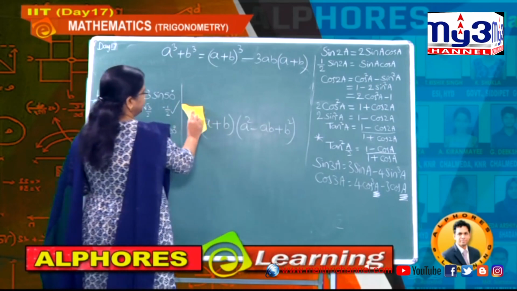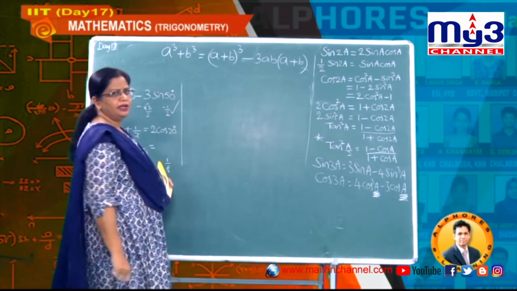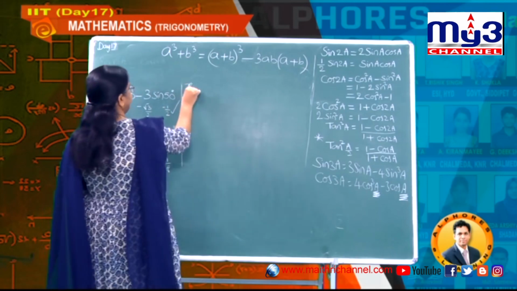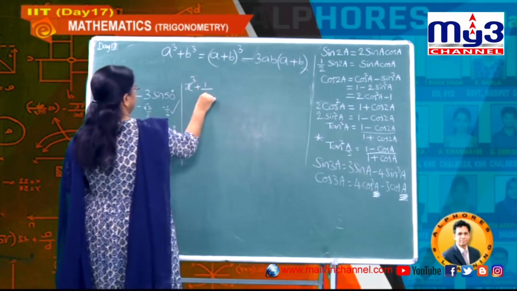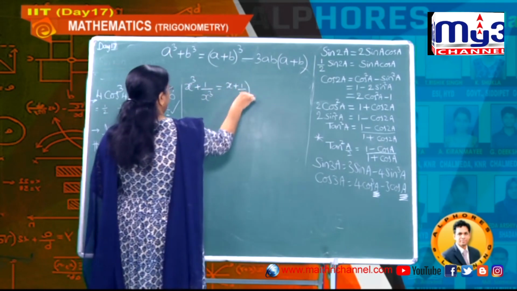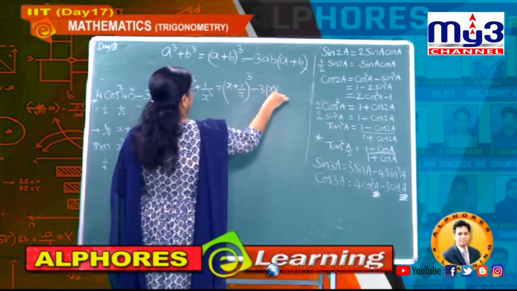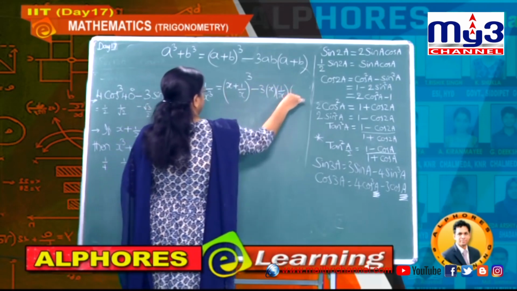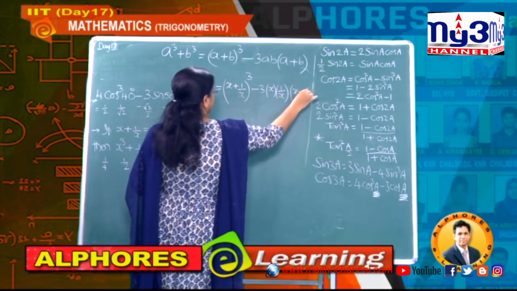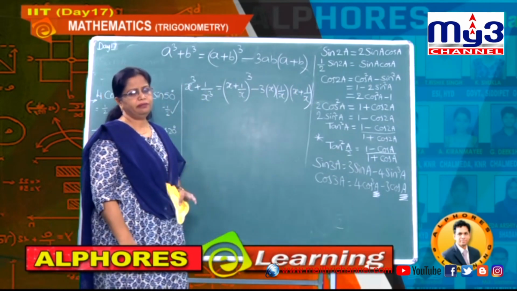So let us use this one, where a is your x and b is your 1 by x. So x cube plus 1 by x cube is nothing but x plus 1 by x whole cube minus 3 into x into 1 by x, and again it is x plus 1 by x. Okay, so this is the value you got using the algebra formula.